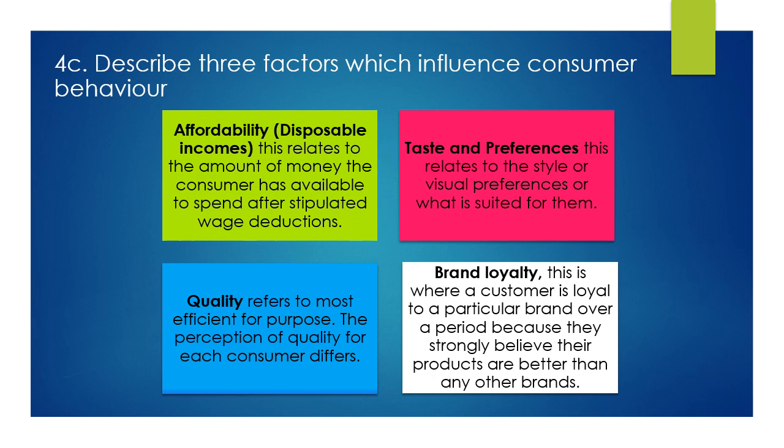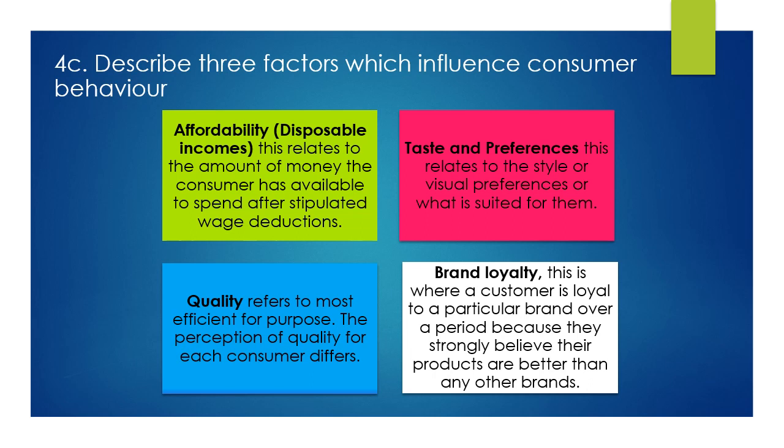Then we have taste and preferences. So this relates to the style or visual preferences or what is suited for them. So based on the customer's particular taste or preferences, this would influence their behavior, whether they purchase something or not. Then we have the quality. It refers to the most effective for purpose, so most efficient for purpose.